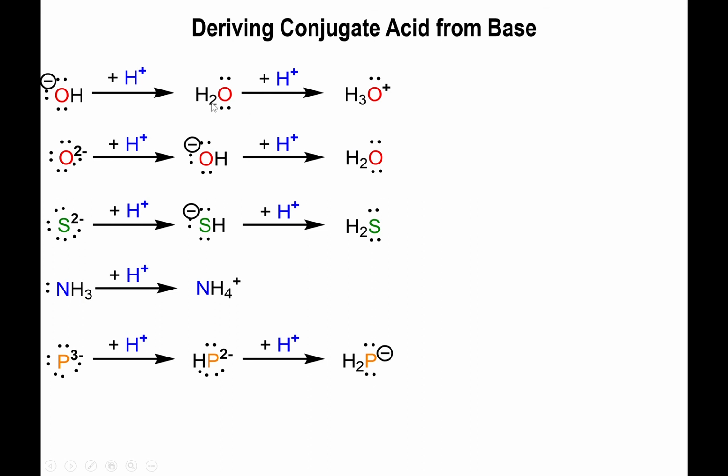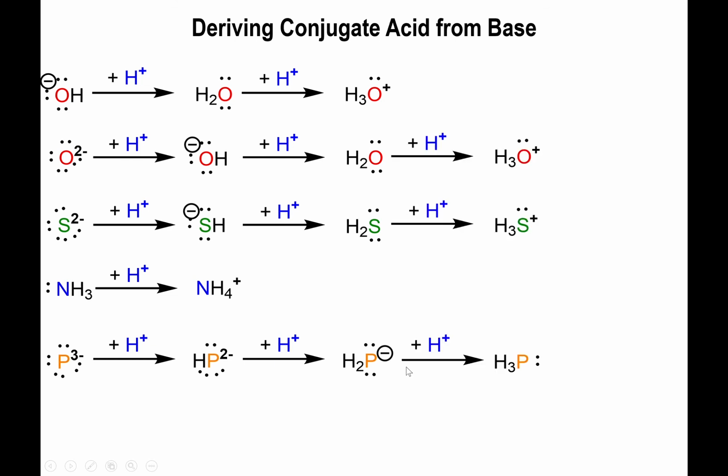In the case of water, taking up one extra H plus yields H3O plus. Hydroxide yields water. Hydrogen sulfide leads to hydrosulfuric acid. And HP2 minus yields H2P1 minus. And the process can actually continue.